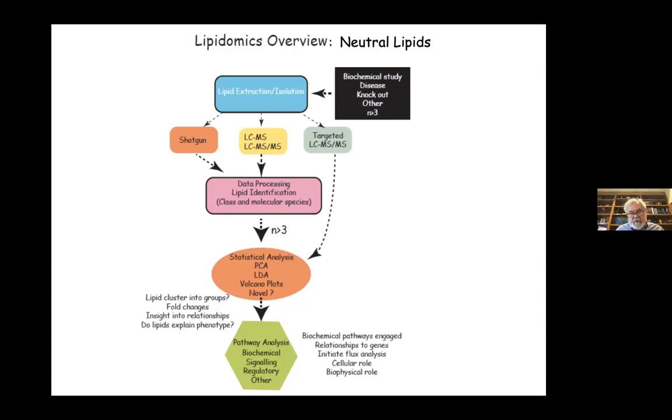Now, I have a similar sort of organization as you've heard from everyone else about how one does lipidomics. The very first part is you have to have a reason for doing this, for example, you're interested in the biochemistry. But the first step starts with lipid extraction, and I'll talk about that in my next lecture.